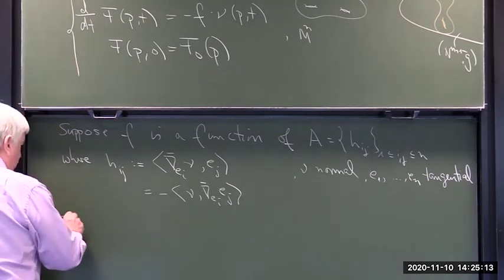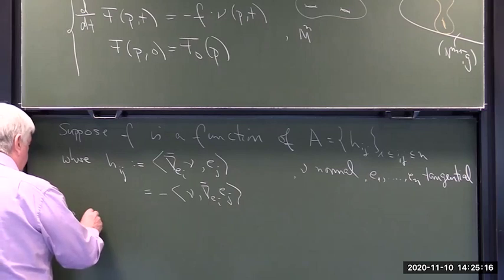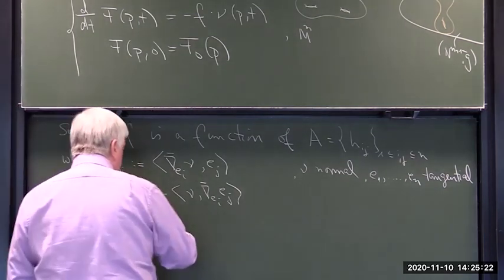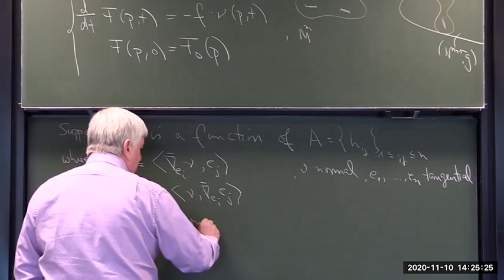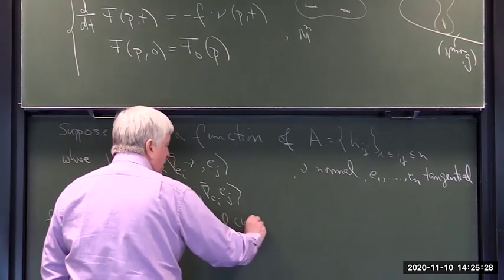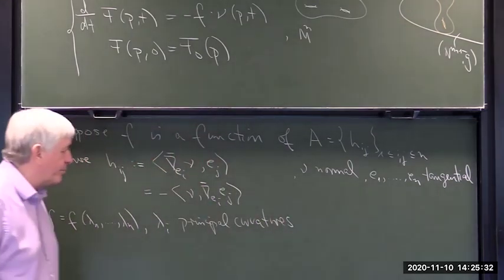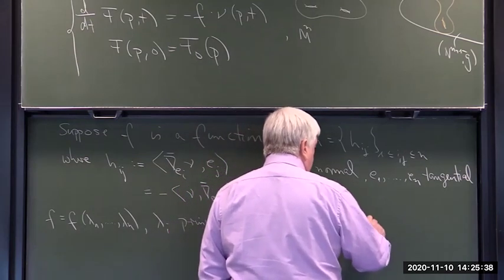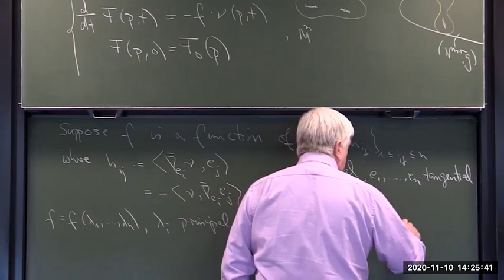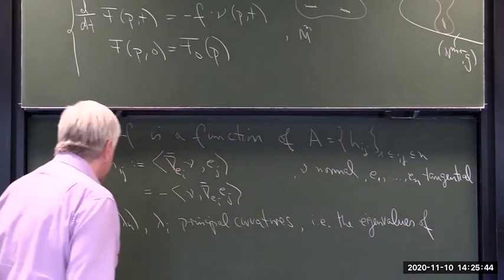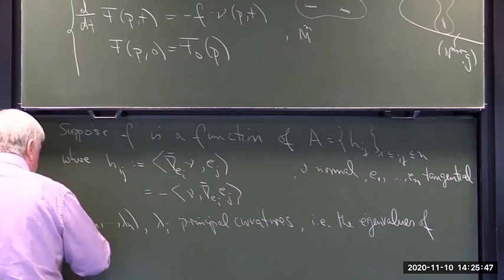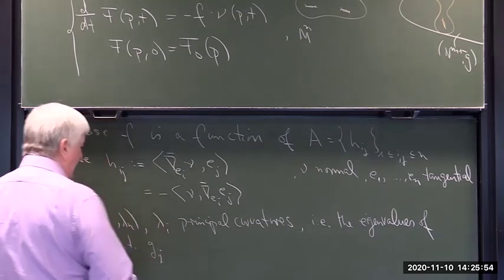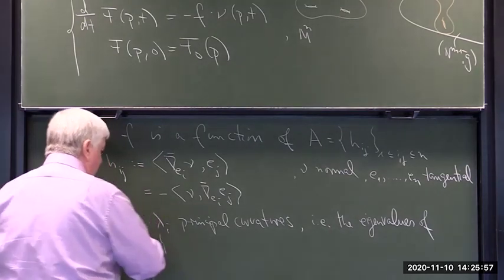So f is going to be a function of lambda_1 up to lambda_n, and these lambda_i are the principal curvatures, that is the eigenvalues of this matrix h_ij with respect to the matrix g_ij, the induced metric.